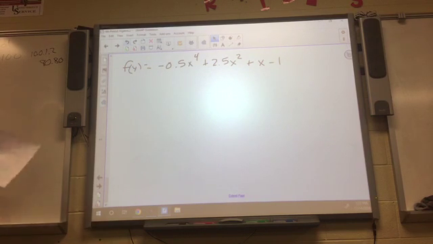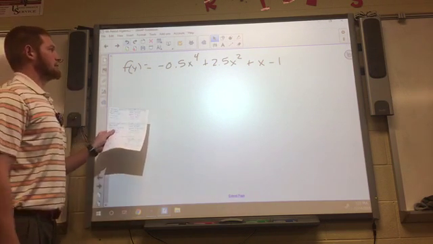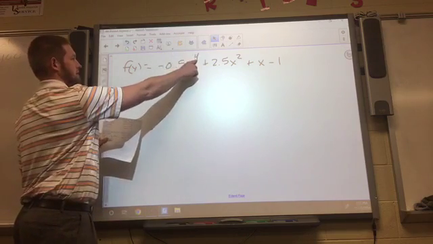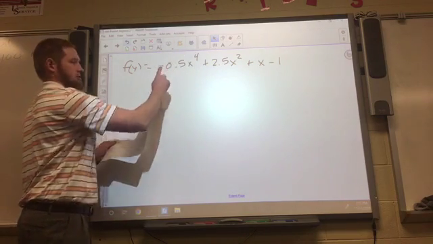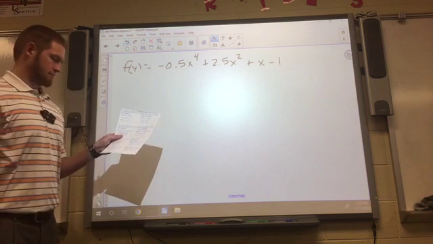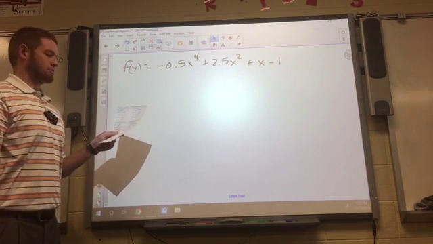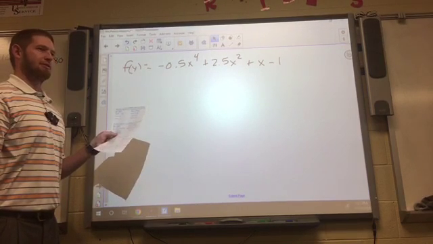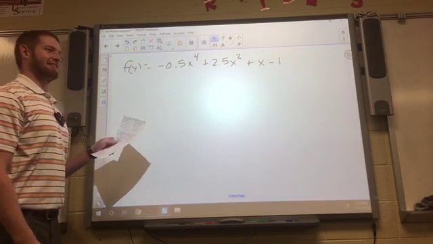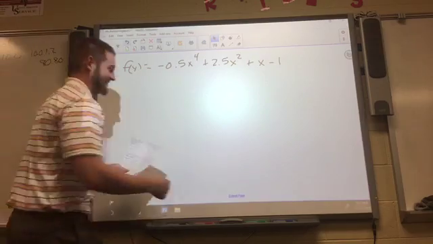Where on your sheet is the degree even and the leading coefficient negative? Bottom right.